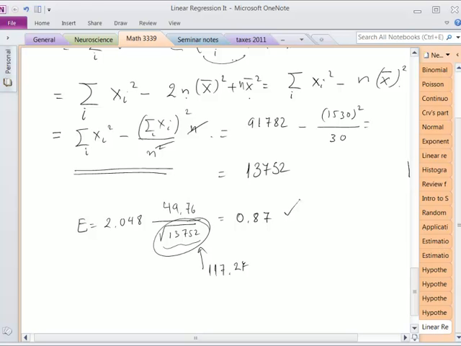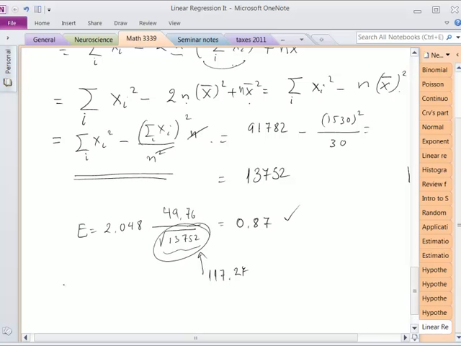So actually you see that we have a quite big margin of error relative to what beta 1 is. So we have negative 3.0 minus 0.87 up to negative 3.0 plus 0.87.